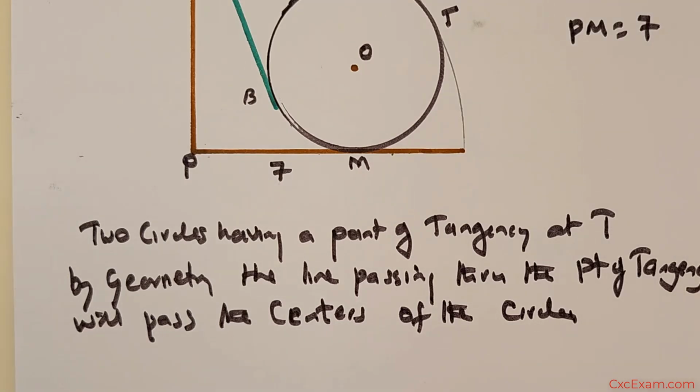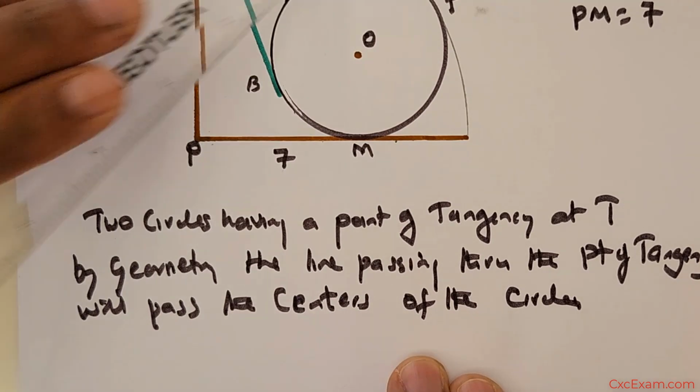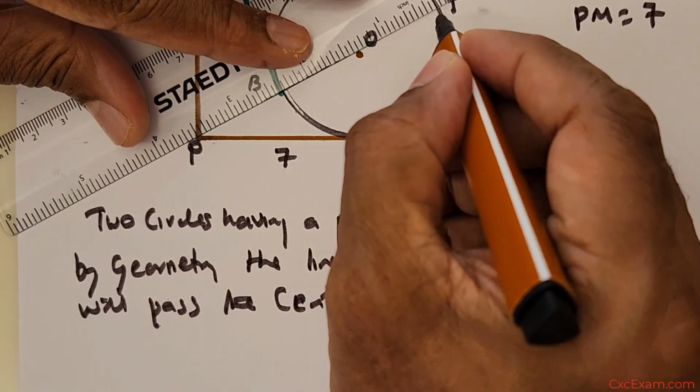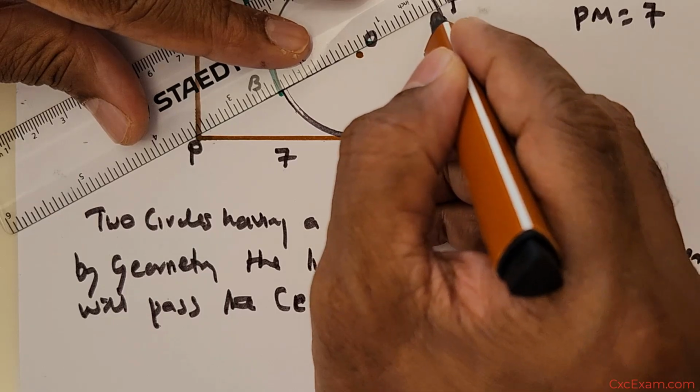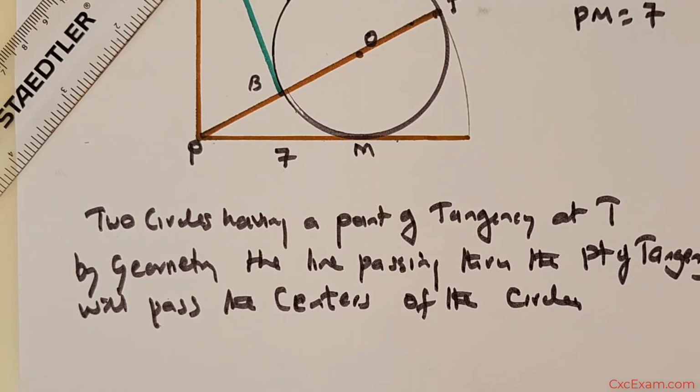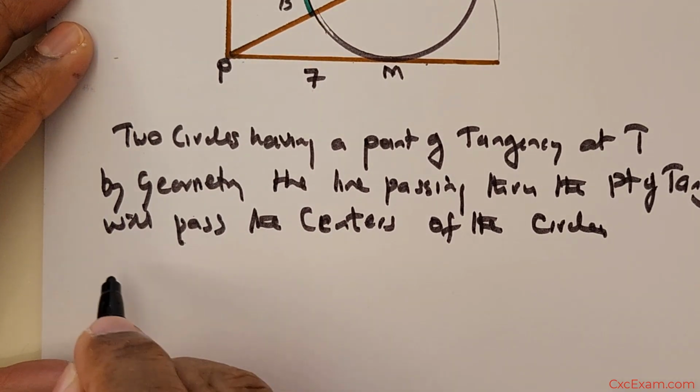Now, having mentioned that, let me draw that point of tangency. So there is a hit, right? Okay, fair enough. Now, having given that, I'm going to use the next property.